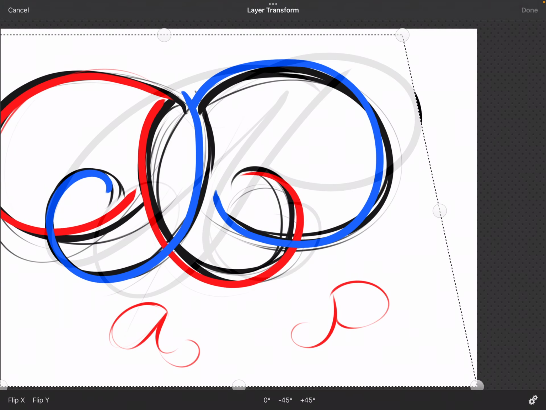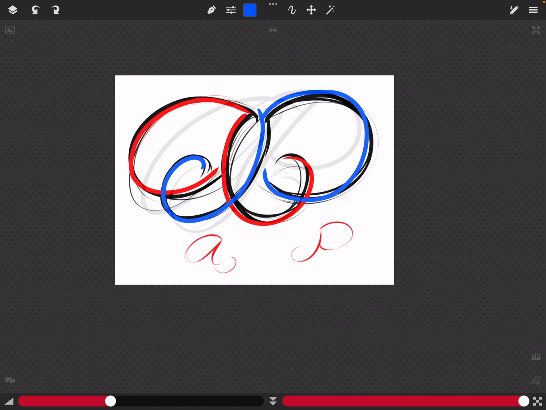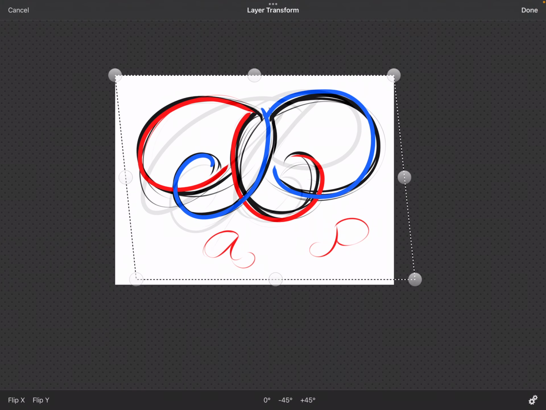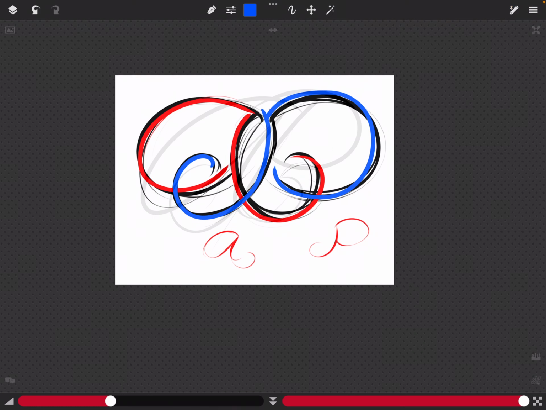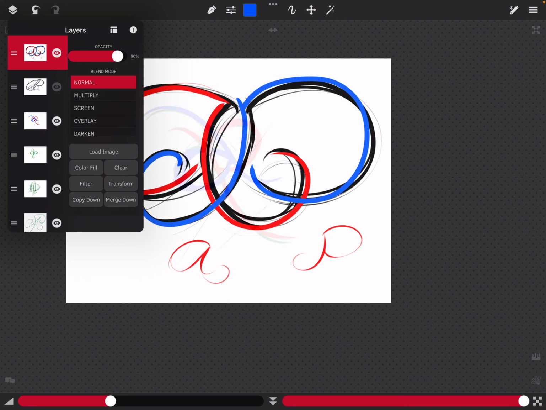There. Oops, except you went off the page. Try that again. So anyway, there's so many, I love designing monograms because there's so many different ways you can do really, really fun stuff.